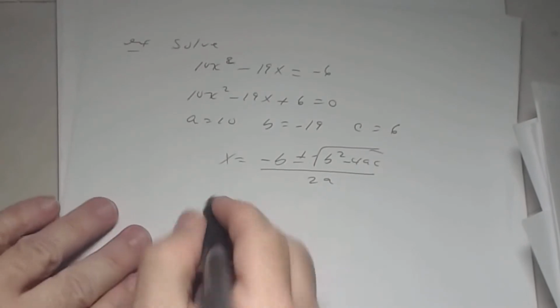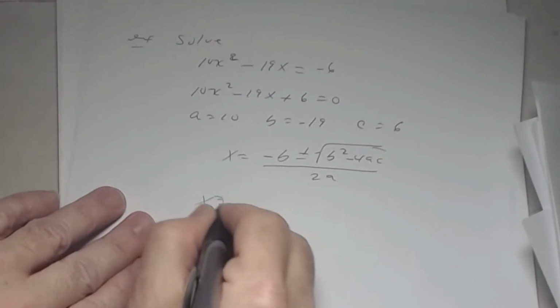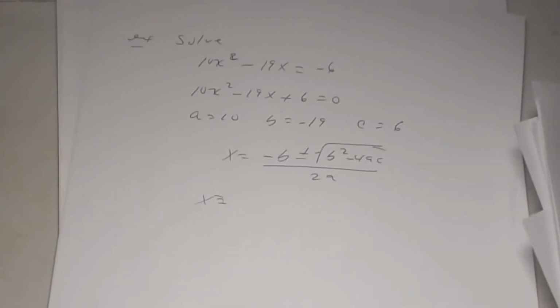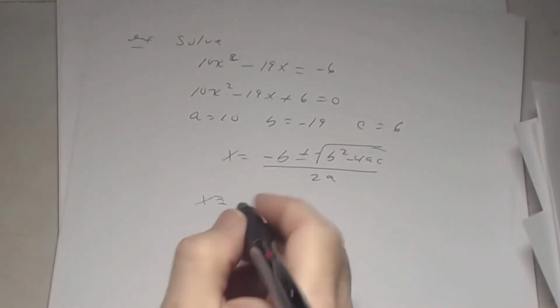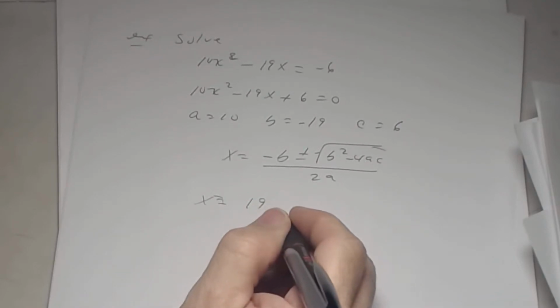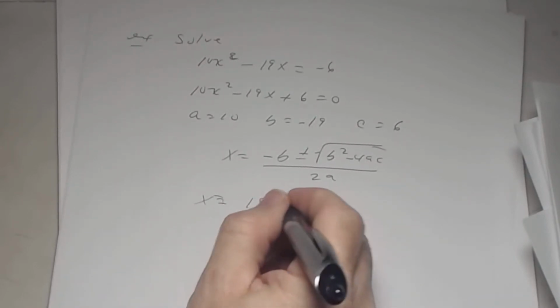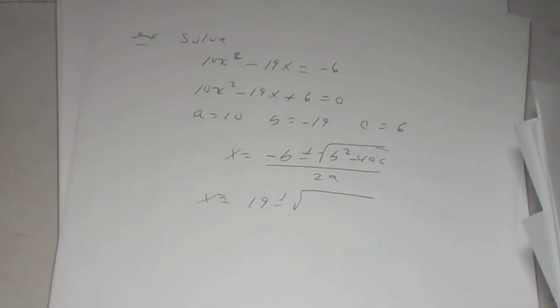So x equals the opposite of b. What's b in this case? -19. So what's the opposite of -19? 19. Plus or minus the square root of the radicand. B squared minus 4ac is called the discriminant, but let's just refer to it as the radicand.